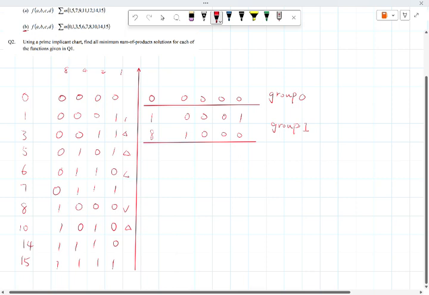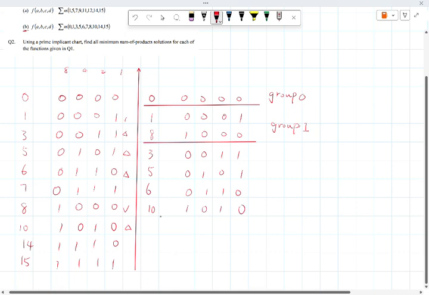Oh, there is another one, so I almost forgot that. 3, 5, 6, and 10. Okay, so 3 is 0, 0, 1, 1. 5 is 0, 1, 0, 1. 6 is 0, 1, 1, 0. 10 is 1, 0, 1, 0.